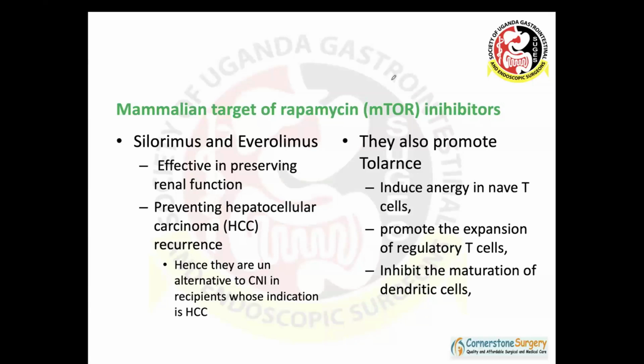Yet when you are using the mTOR inhibitors, there is a way they prevent recurrence of what? Of tumors. So if the purpose of transplant was HCC, this can be used as what? An alternative to calcineurin inhibitors.